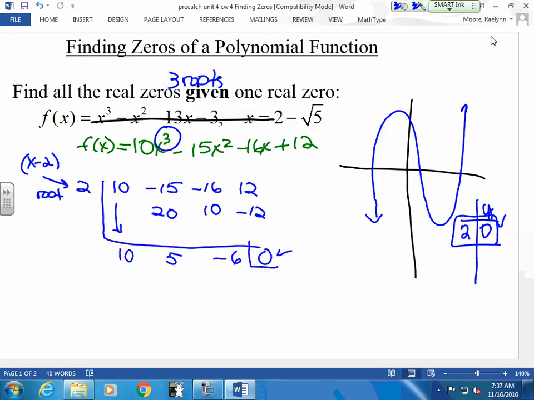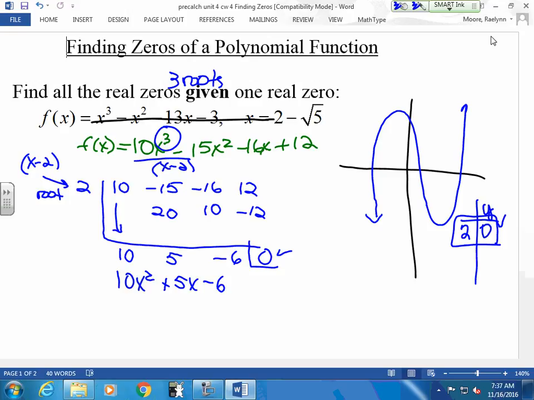I didn't know where the remainder was. Because we're going to do this: if we divided this by x minus 2, because that was our factor, x cubed over x gives us x squared. So pretend I didn't know that was the remainder. So this is 10x squared plus 5x minus 6, and then the remainder is another piece over there.